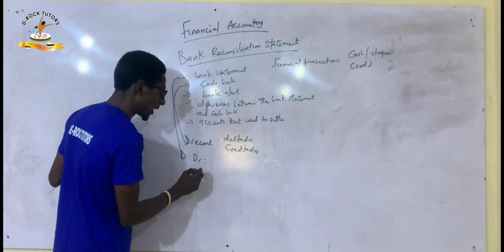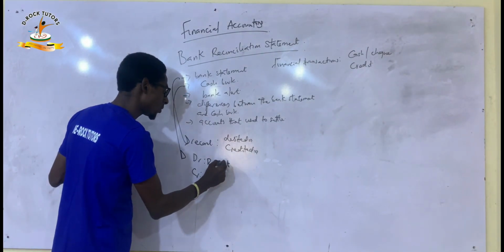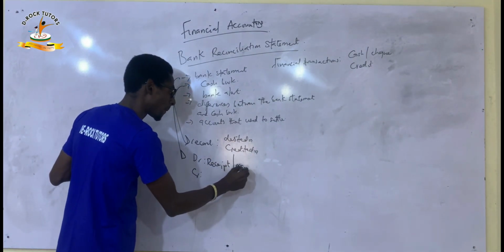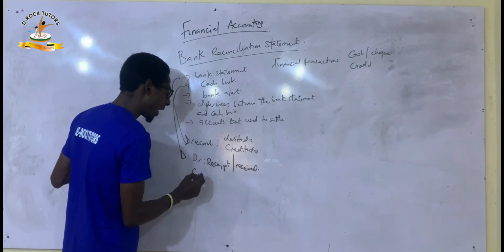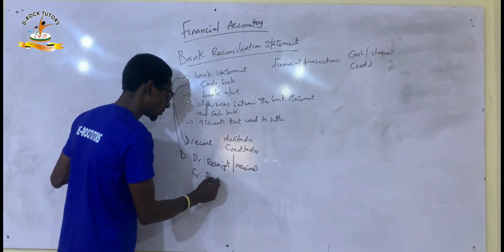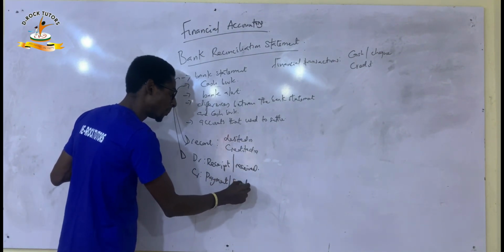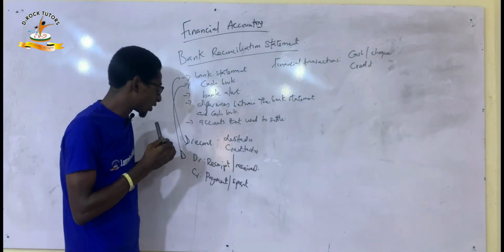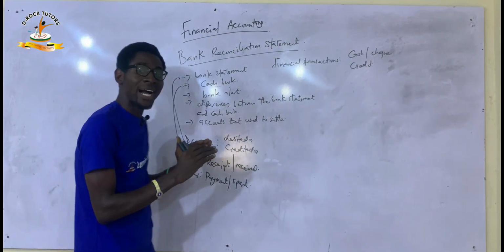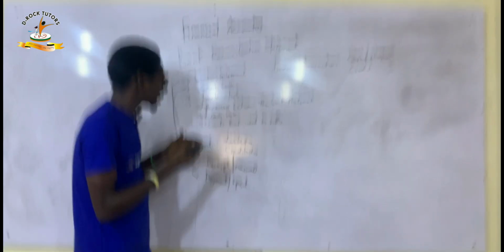The debit side is used for receipts, which is money received, while the credit side is used for payments, which is money spent or paid out. So that is what the cash book is about. A cash book is opened by an individual. Are you following me, please?